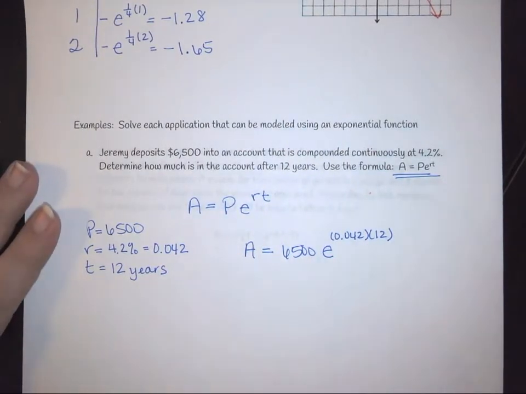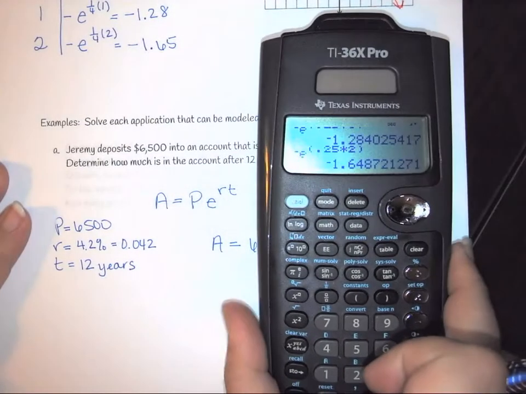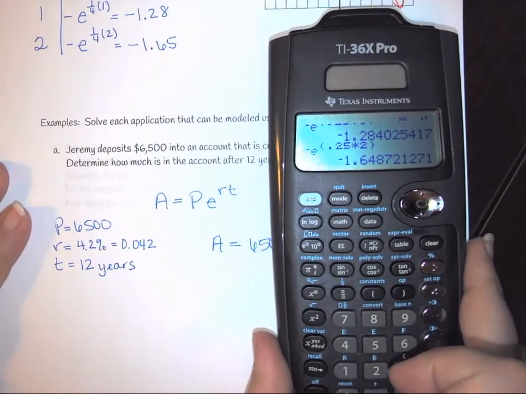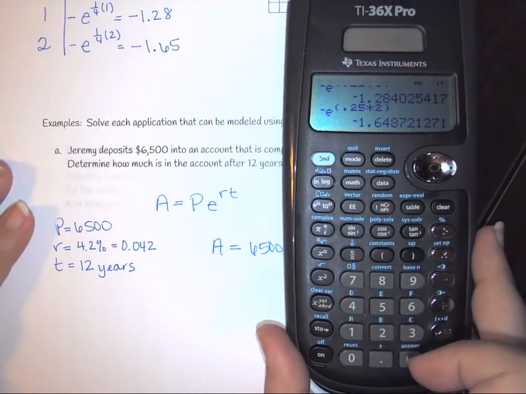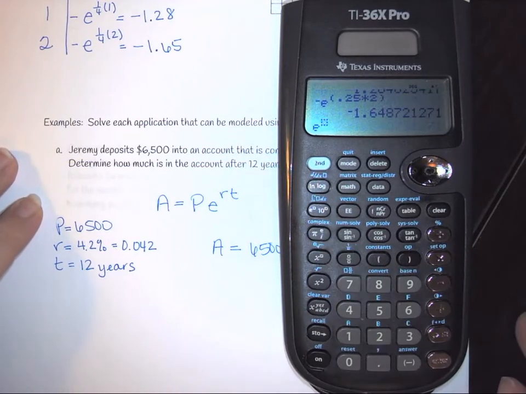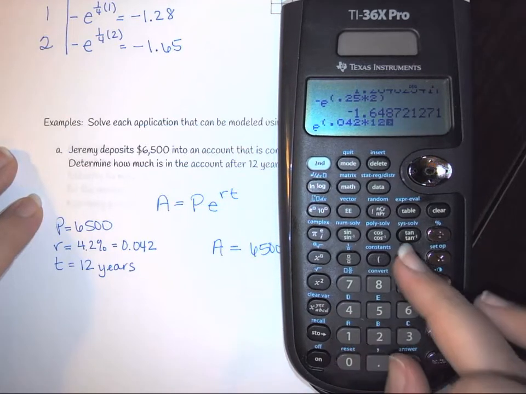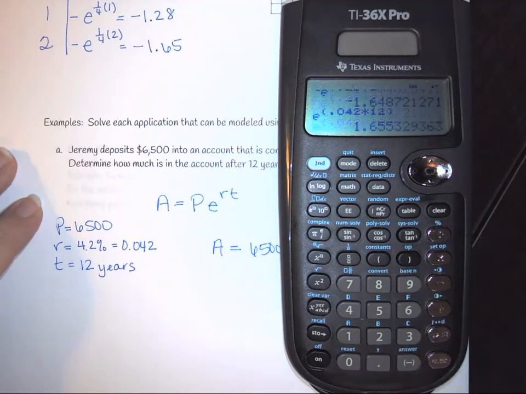So again, you would use your calculator here, and I would do this one in 2 steps. So if we look at it, I have e, so I'm going to hit my e button, open a parenthesis, 0.042 times 12, close that parenthesis and hit enter.